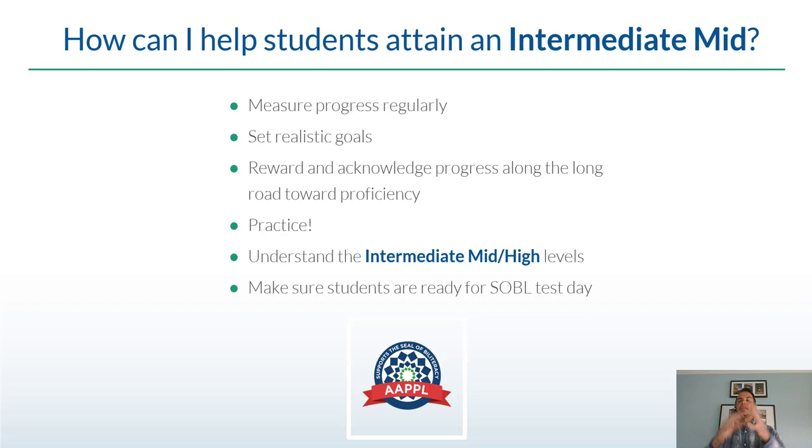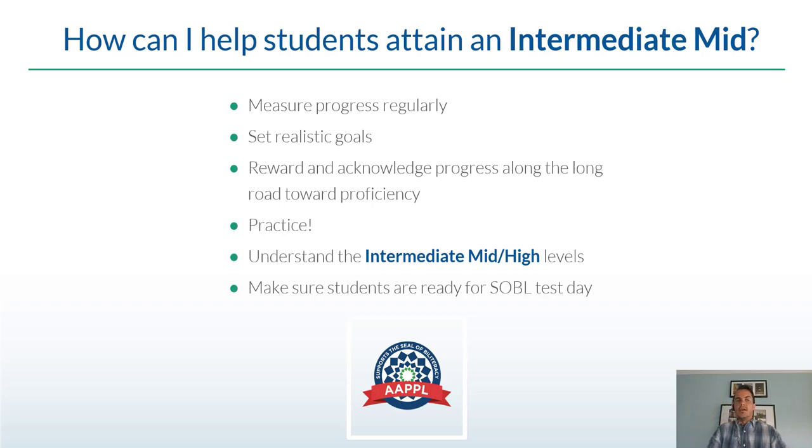If we look at the meaning of proficiency, right, what these ACTFL certified raters are looking for as they rate all of these speaking and writing samples, we are looking for consistent demonstration of proficiency at that level, right? So a student who ends up earning an intermediate mid may have shown glimpses of intermediate high, right? Just like a student who has earned intermediate low may have shown glimpses of intermediate mid throughout those speaking or writing samples.